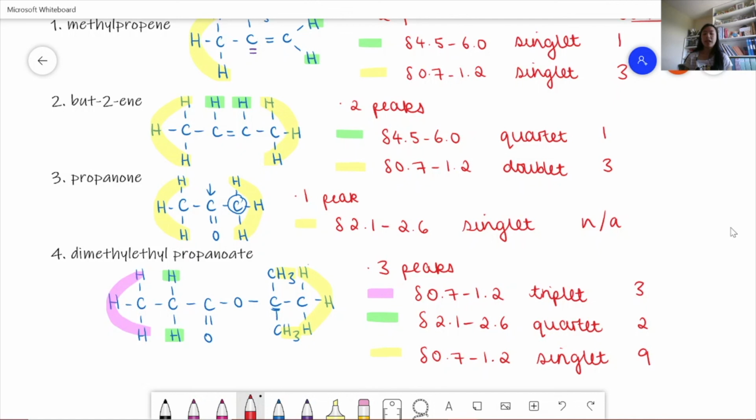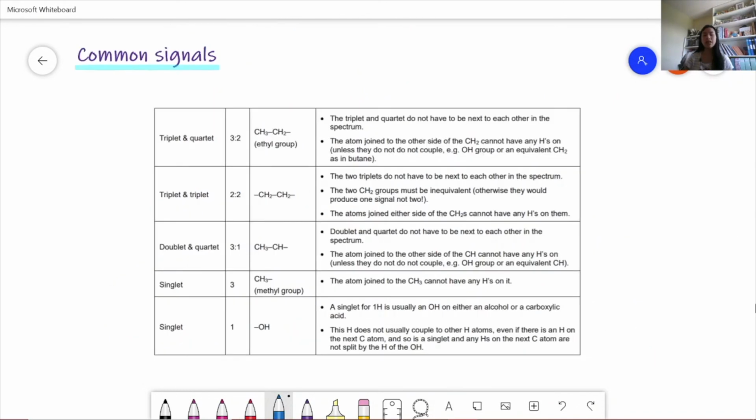And then we look at splitting. So you look at the adjacent carbon and add 1 to however many hydrogens you have on that adjacent carbon. And then finally, you look at the relative intensities. So you basically count up how many hydrogens you have in each different environment, and then find the simplest whole number ratio.